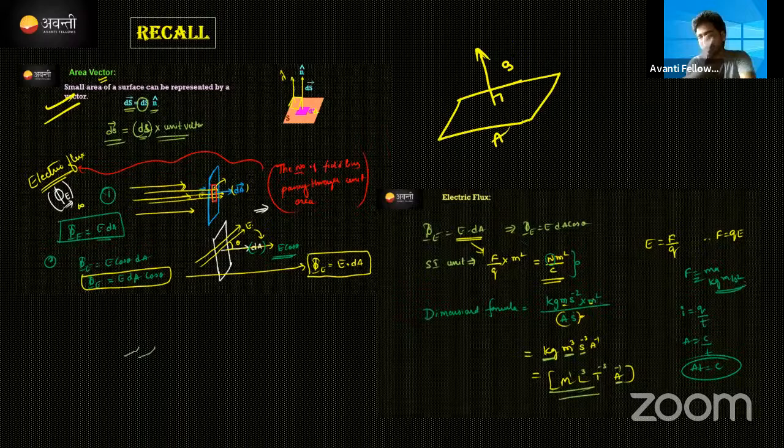If I change my area, the area vector is always perpendicular to the area. Okay, that's it.